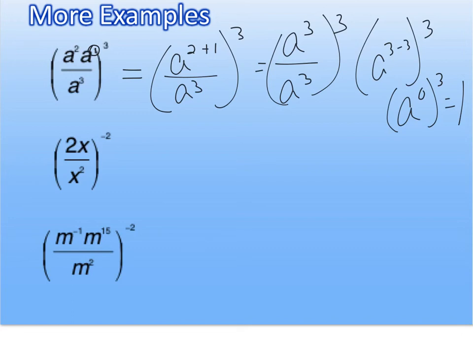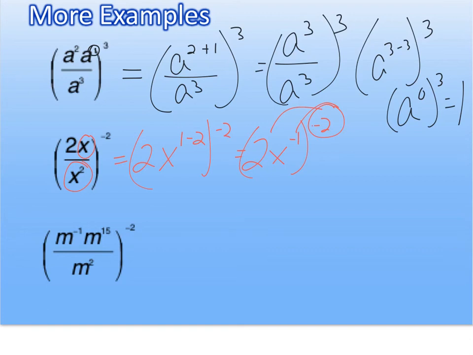On the next example, again, I'm going to simplify inside first. So I'm going to take my x's and I'm going to divide them out, which is subtracting them. So I'm going to have 2x to the 1 minus 2 to the negative 2. This becomes 2 times x to the negative 1, raised to the negative 2. Now I'm going to choose to apply this negative 2 to everything inside.